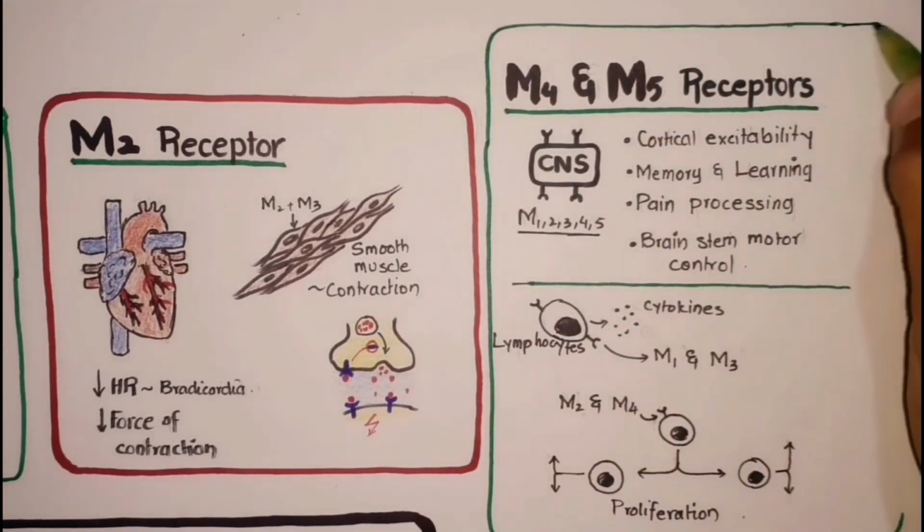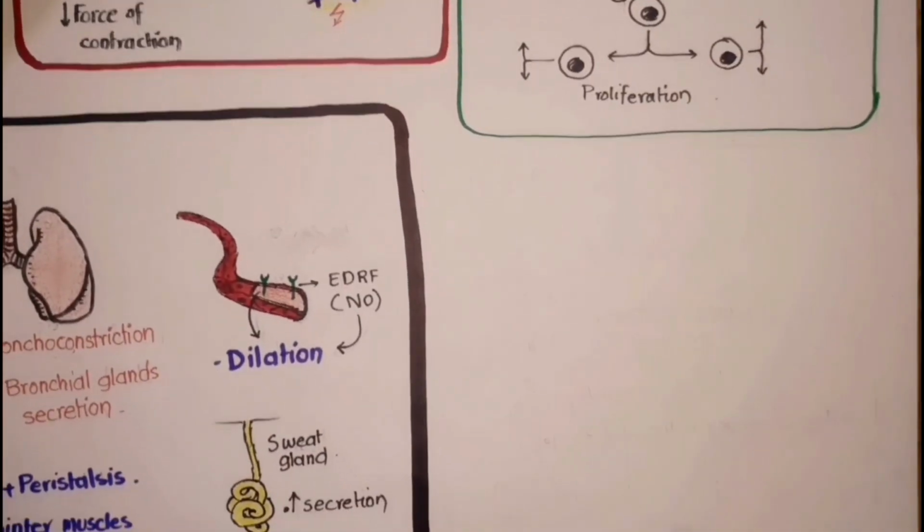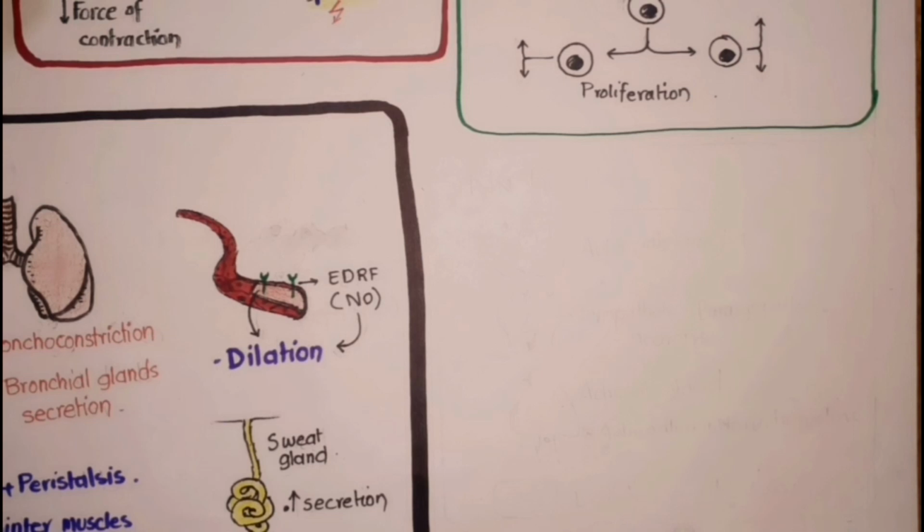The second type of cholinergic receptors are the nicotinic receptors. Nicotinic receptors are further divided into the NM and NN receptors, as we discussed earlier.